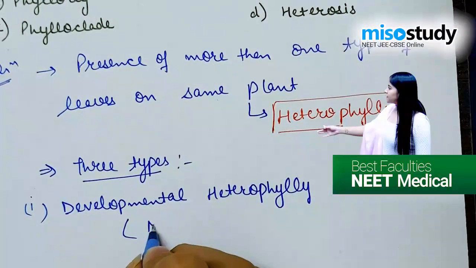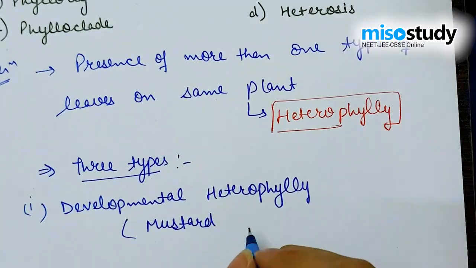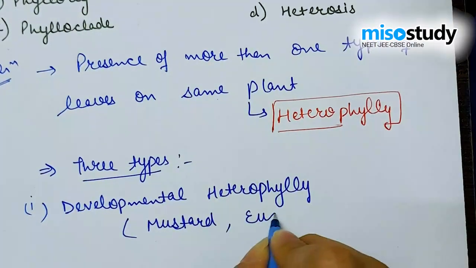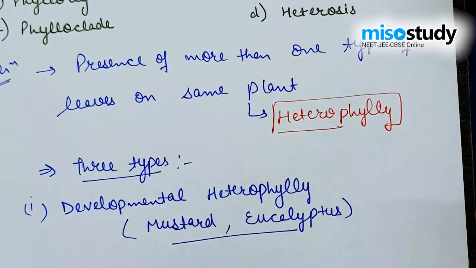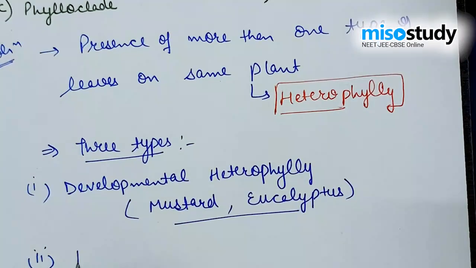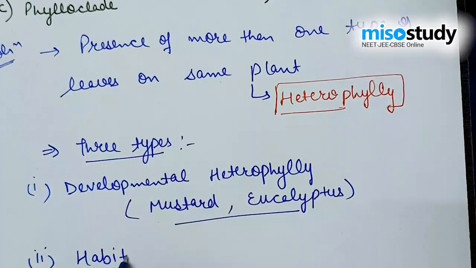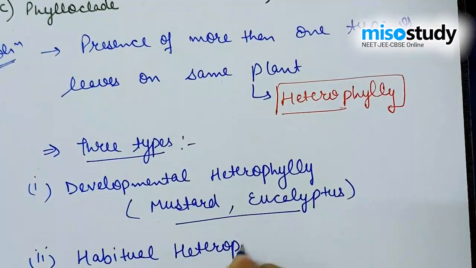Examples are developmental heterophylly present in mustard and eucalyptus. The next type is habitual heterophylly.